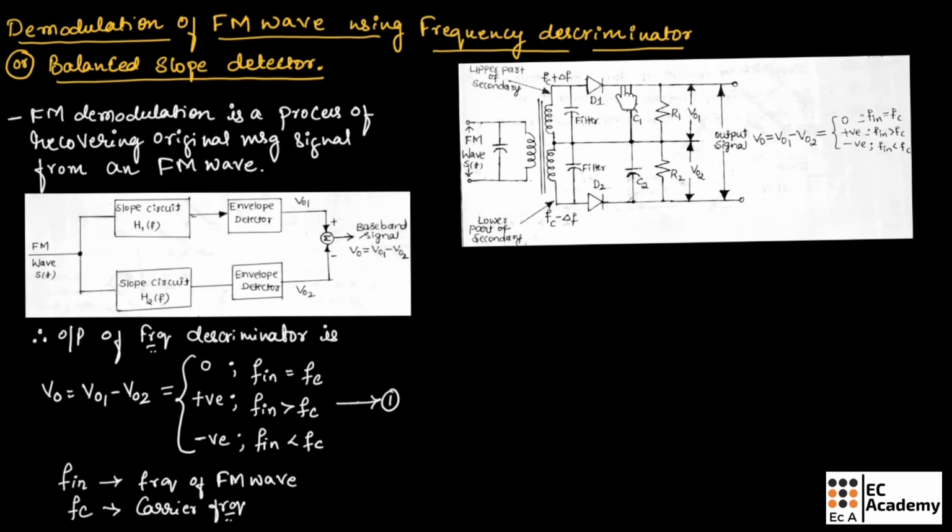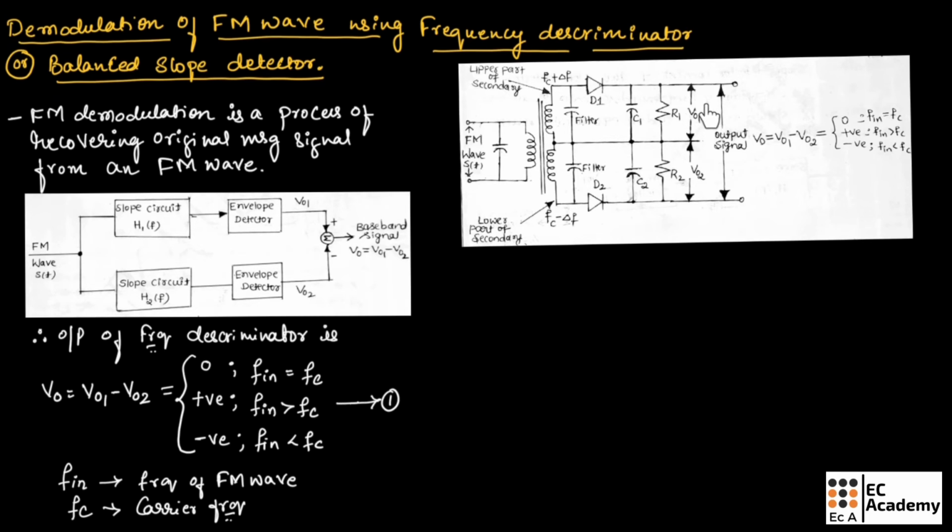The upper part of the secondary of the transformer consists of a diode envelope detector tuned to the resonant frequency Fc plus delta F. The lower part of the secondary consists of a diode envelope detector with resonant frequency Fc minus delta F. So this circuit produces the required output, which is V0 is equal to V01 minus V02.